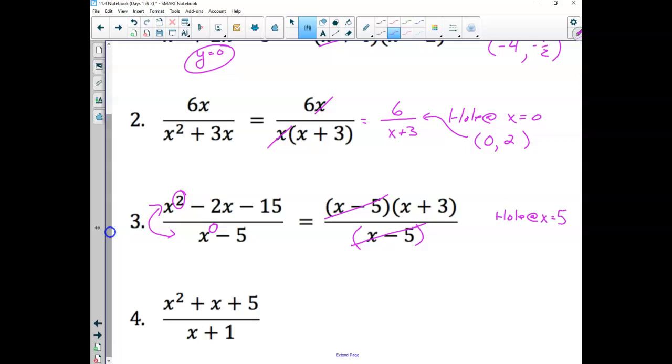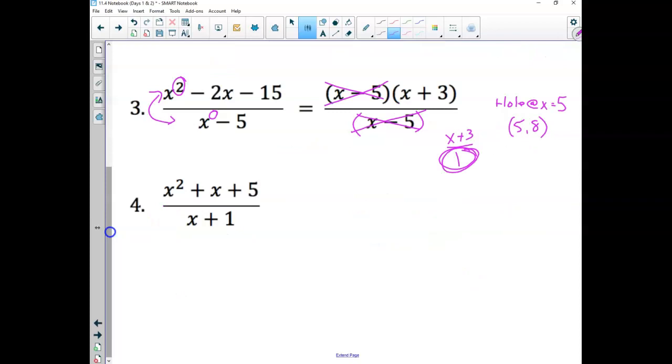And I could find that the hole was at (5, 8) in that problem. And my reduced function was x plus 3 over 1. Well, now my top is not exactly one more. Because I don't have a variable of x in the denominator, I cannot have a slant asymptote. So by this factor reducing, not leaving a variable of x in the denominator, that eliminated my slant asymptote opportunity there.